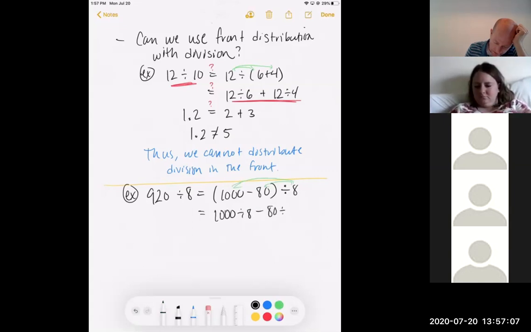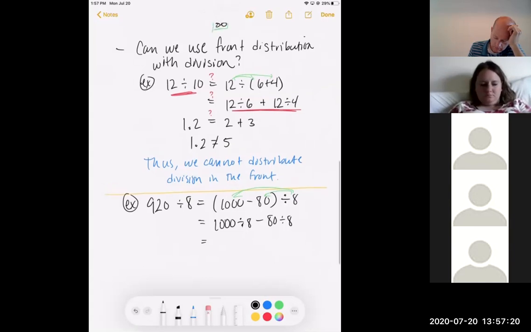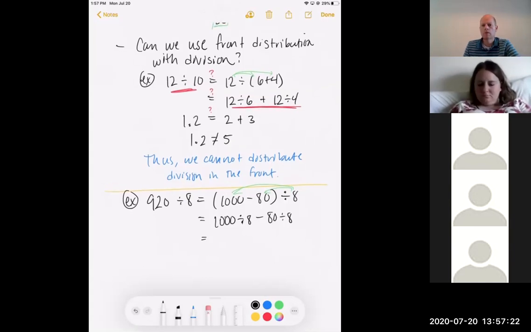Let me know what 1000 divided by 8 is. That kind of leads into another strategy for dividing. Do you remember the multiplication strategy for multiplying by 8? Somebody remember that multiplication strategy?